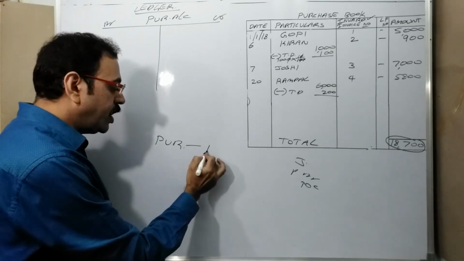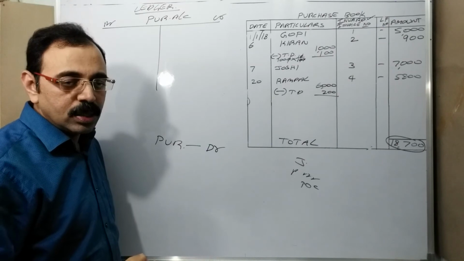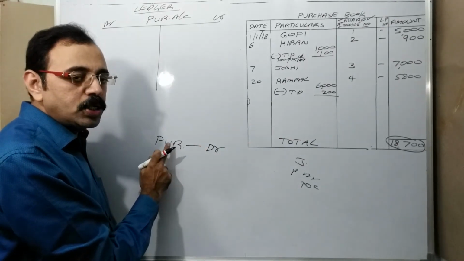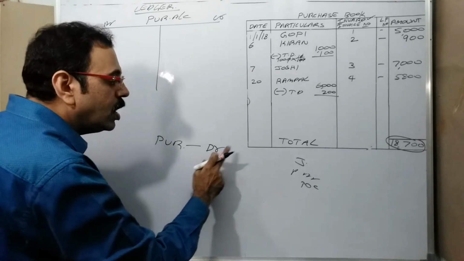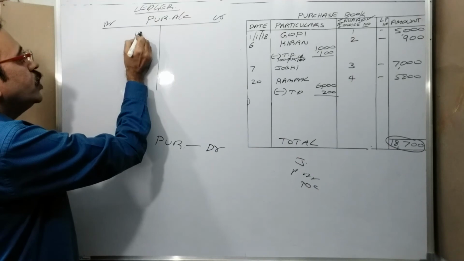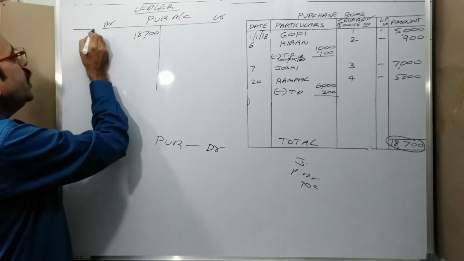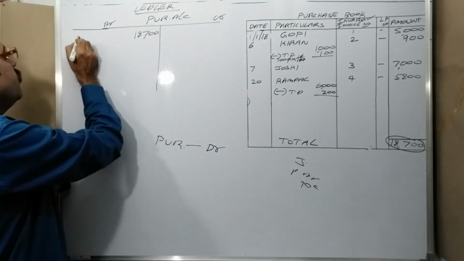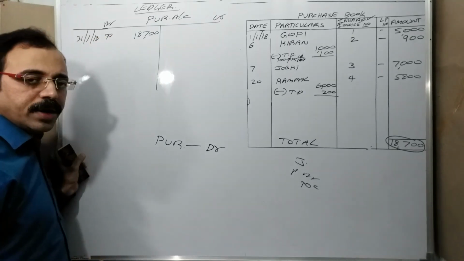Debit all expenses and losses, credit all incomes and gains. Since a purchase is an expenditure for us, that account shows a debit balance. Therefore, the total amount we should record on the debit side. What should be the date? The last date of the month, 31st January 2018.